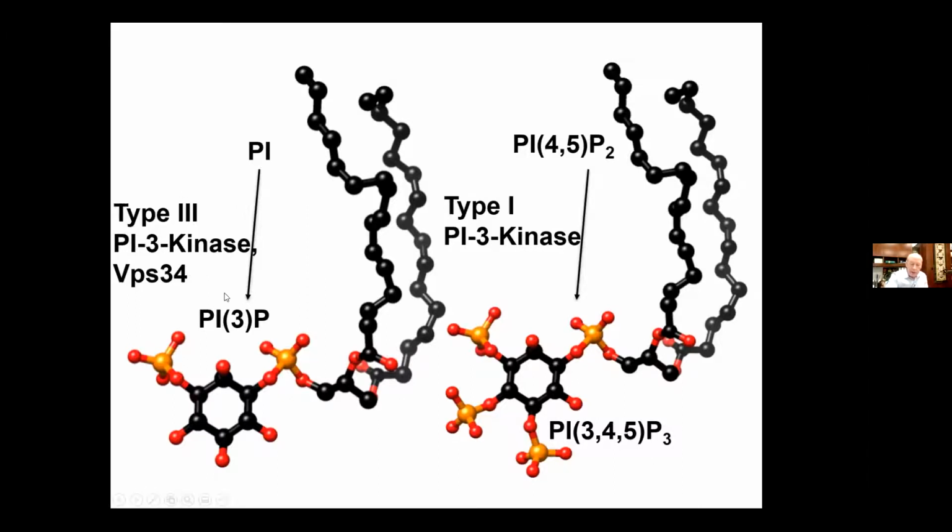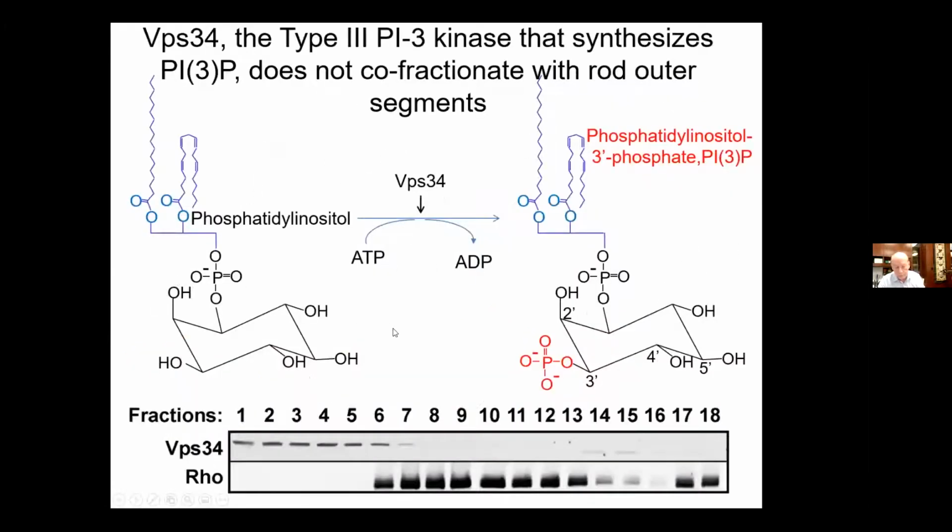But the major enzyme responsible for making PI3P is the type 3 PI3 kinase, which I'll refer to as VPS34. Now, when we isolate rod outer segments, the VPS34 is not contained within the outer segments themselves.